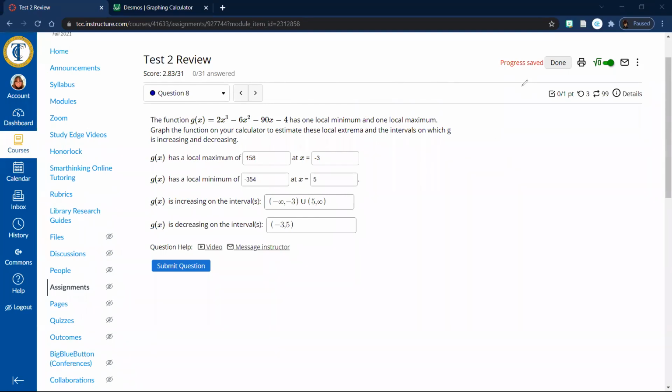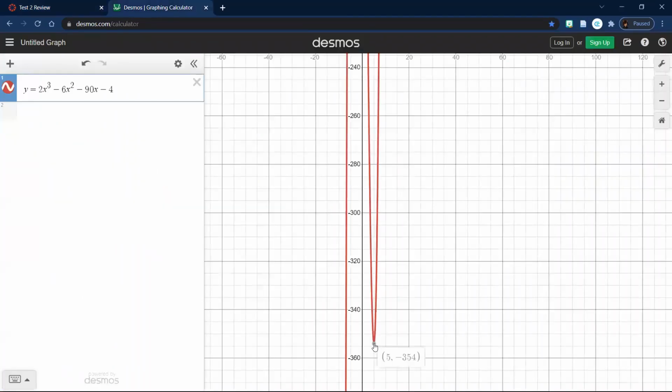How did you find it at x equals -3 and at x equals 5? Not a problem. If we're going back, remember that this is a point. So what is our x value here of this point? 5. Yeah.